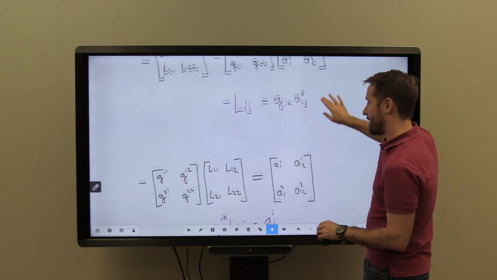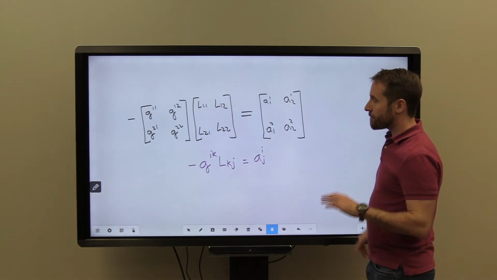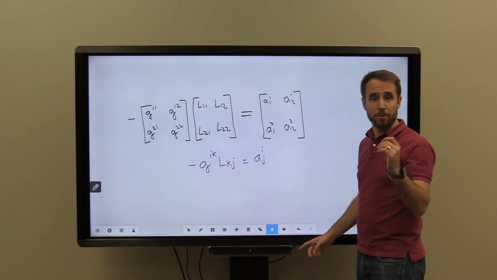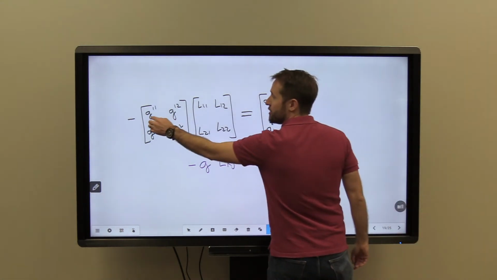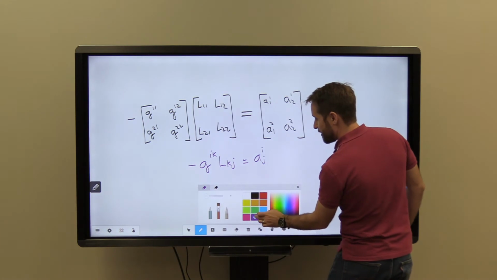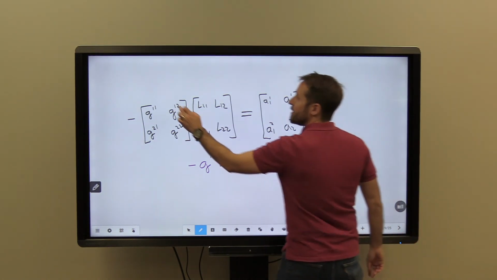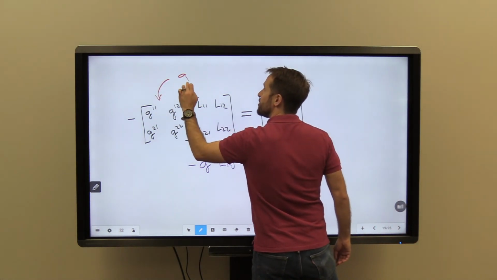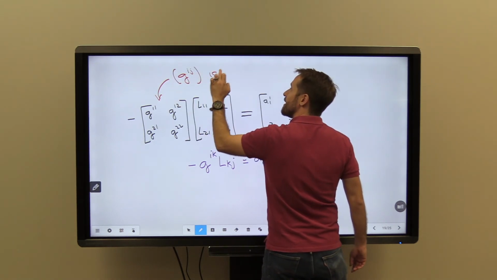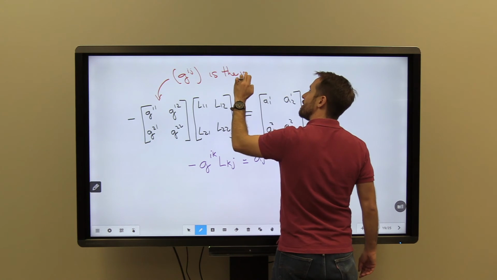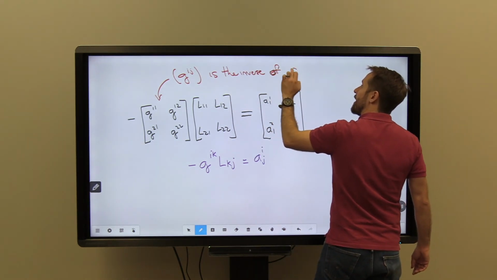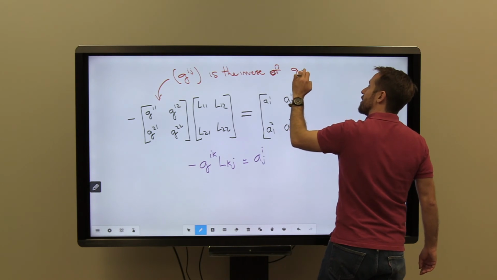And that looked like this. So here, I am using superscripts for my G matrix to represent the inverse matrix. Importantly, we're saying that Gij as a matrix with superscripts is the inverse of our Gij with lower subscripts.